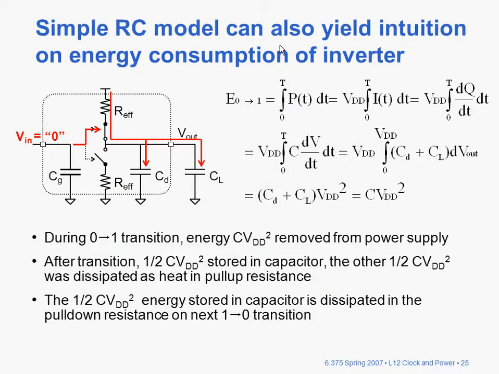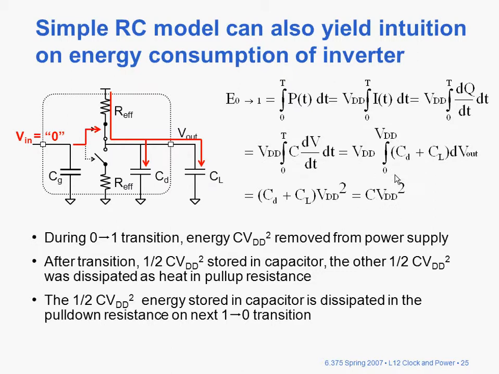Here's a simple RC model that can also yield some intuition on the energy consumption of an inverter, which we've looked at before. This is just repeating it again. Here we're looking at the output transitioning from a 0 to a 1, so we're charging up the capacitance associated with the output of the inverter as well as the load. We can integrate the power over time from 0 to capital T, where T is the time it took to charge from 0 to VDD.